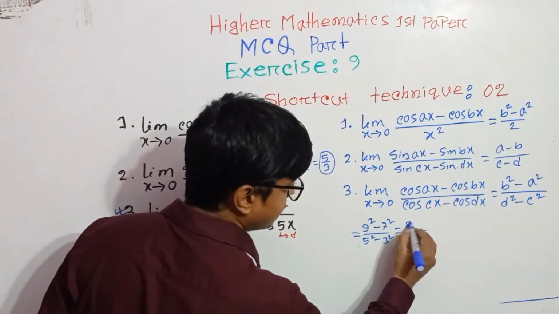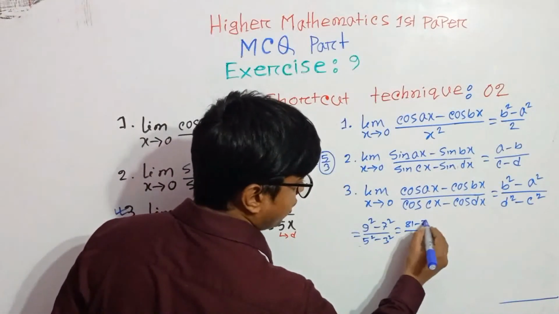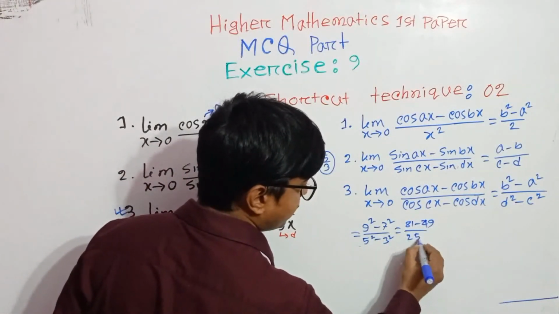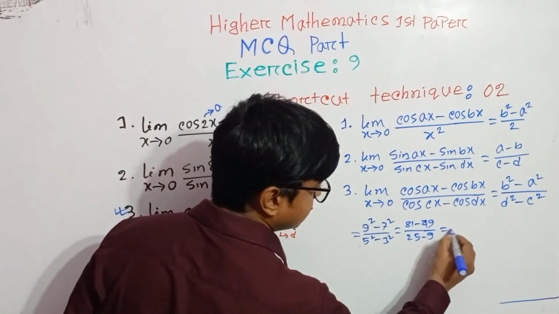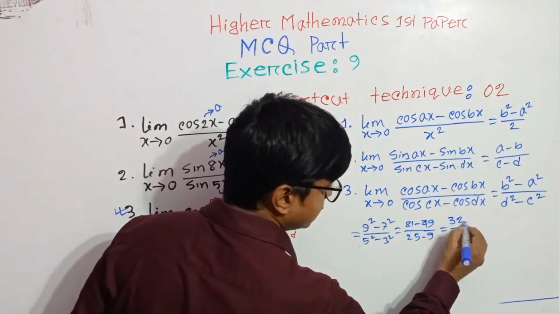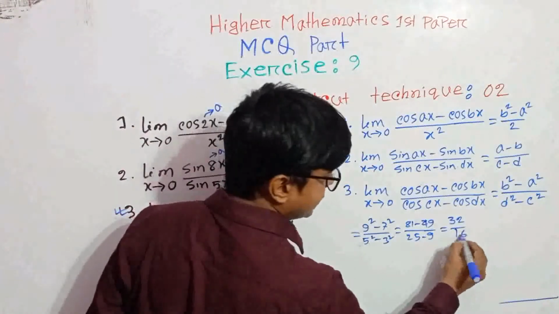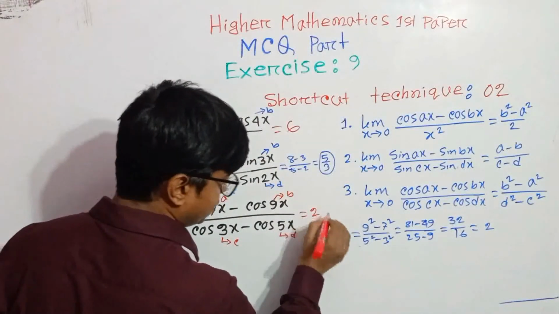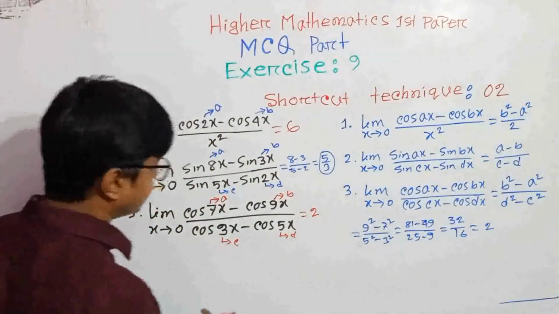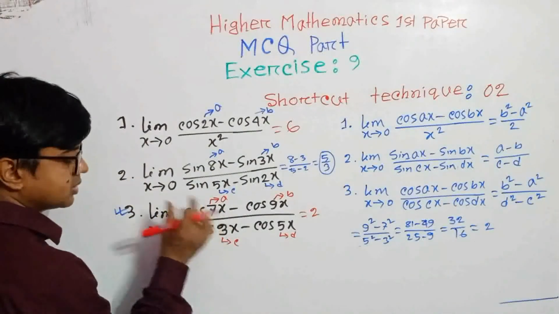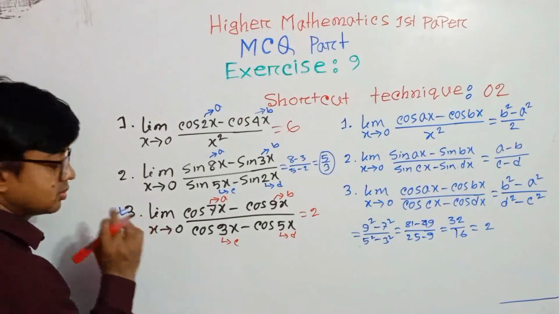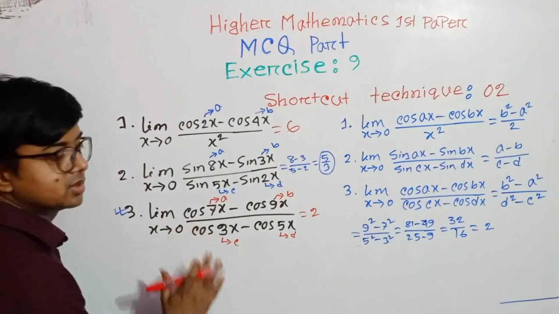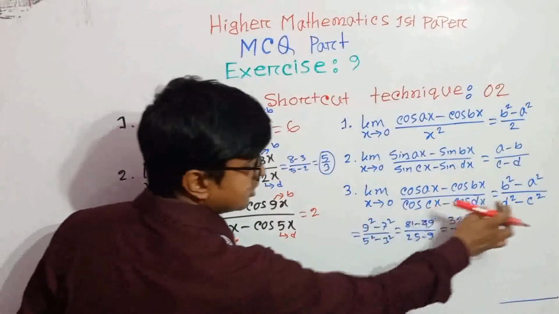So we can write 81 minus 49 by 25 minus 9. That's why it will be 32 by 16. That means 2. So our answer must be 2. But one thing is important, the operator must be cos and the limiting value must be x tends to 0. That's why we can apply this formula.